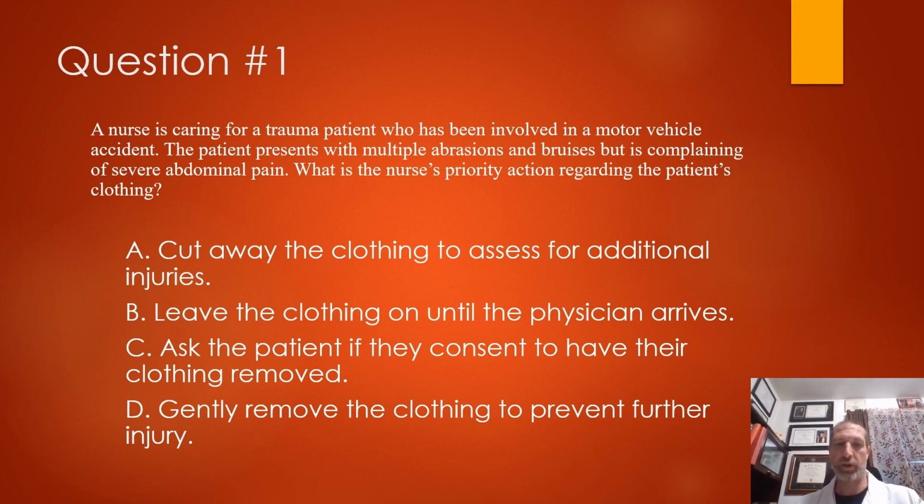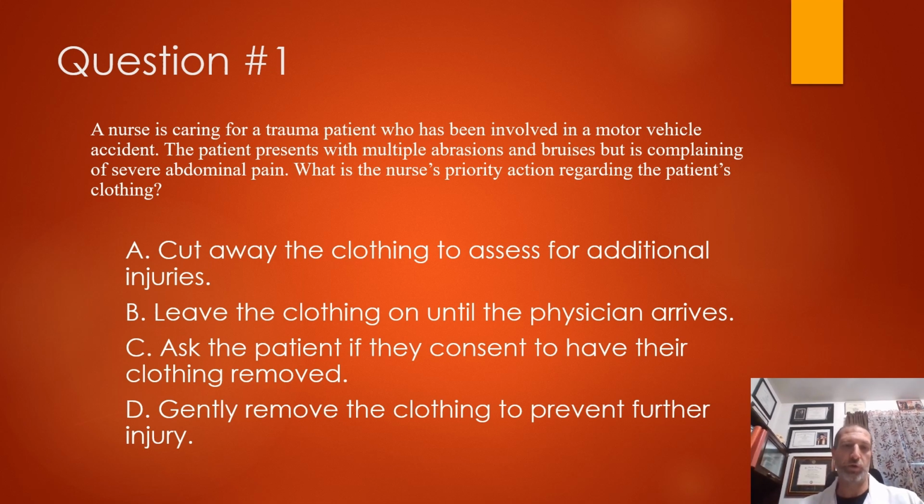Priority action regarding patient's clothing. Those are the key words. Now, we have a patient in a trauma setting, so they're probably going to be in the emergency room, obviously in a trauma bay. So the setting is very important, and we want to know what is the priority action when it comes to the patient's clothing.